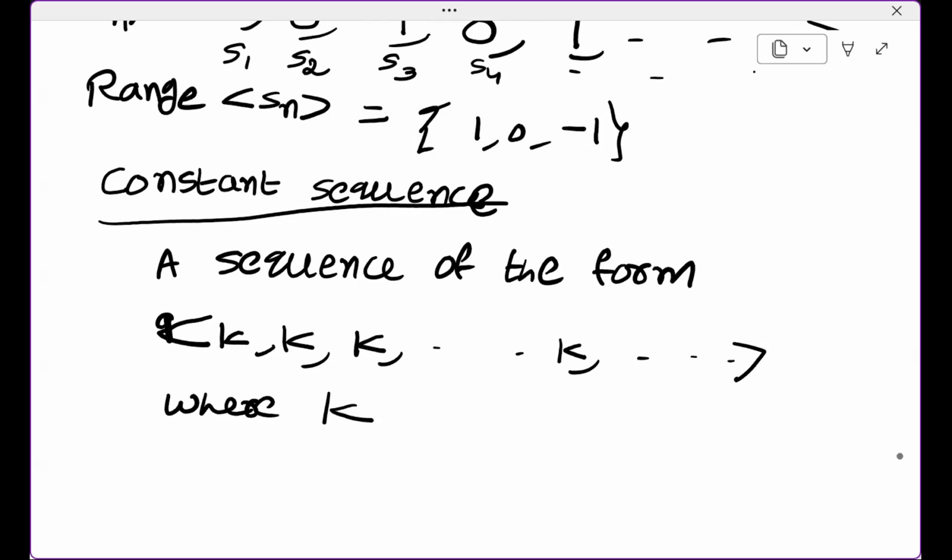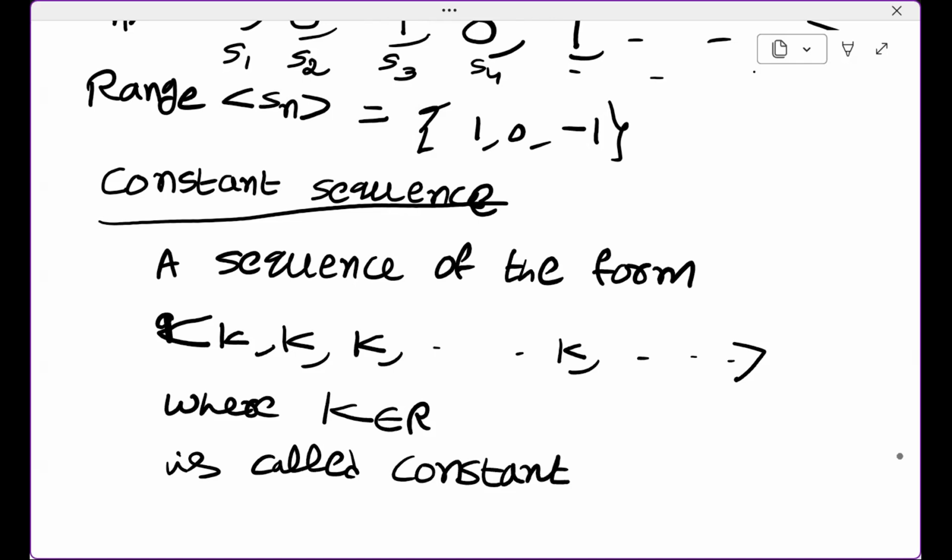This is what is called a constant sequence. This constant can be 0, 1, 1 by 2, root 2, anything, rational, irrational, anything. It is called a constant sequence. We come across these.